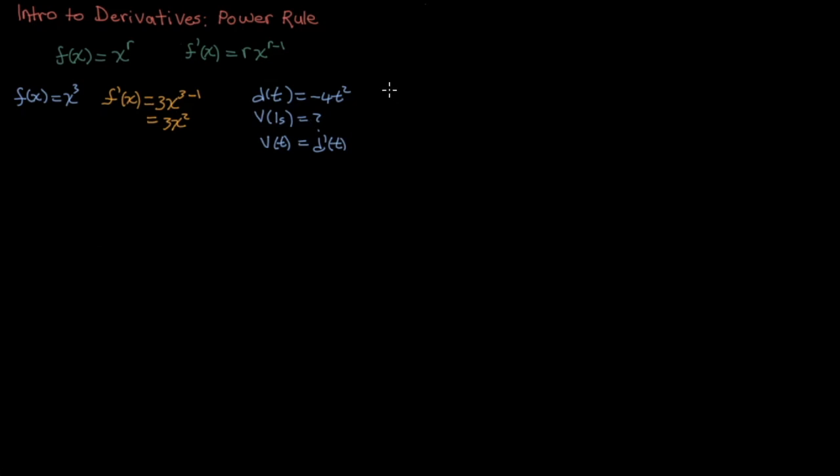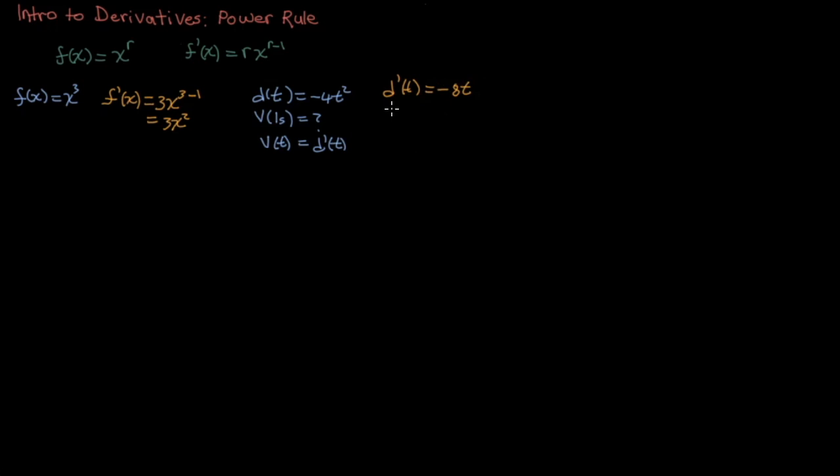Okay, so that'll be d prime at t is equal to, so we'll take the 2, multiply that by the 4, or the negative 4, which would be negative 8, times t to the power of 2 minus 1, which will just be 1, and we don't need to write the exponent there.